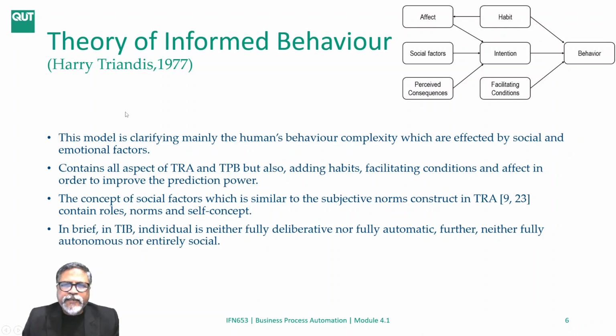So the TIB disadvantage is that this can be quite complex because you're looking at individual behavior and not group behavior, and a lack of parsimony compared to TRA, right? This also does not provide simple procedures for operational definition of the variables which are presented on this model here.